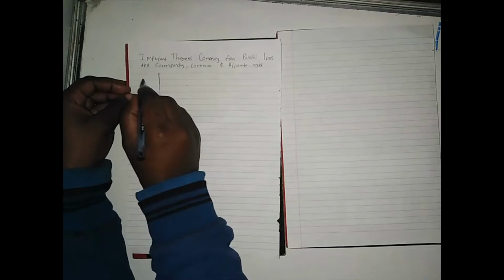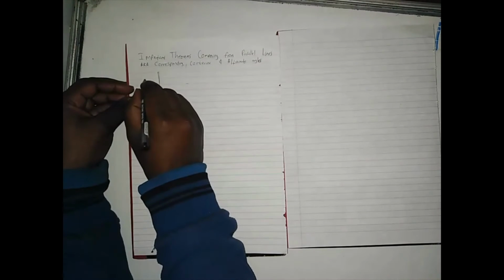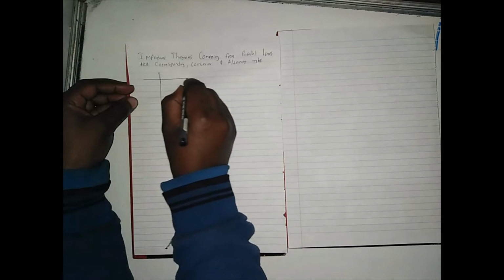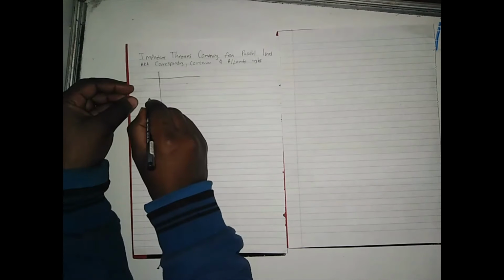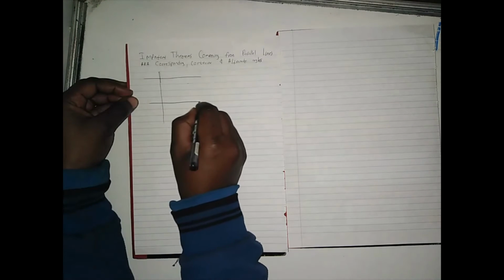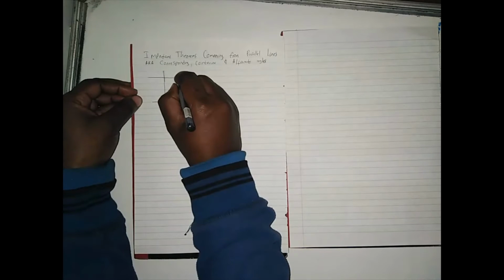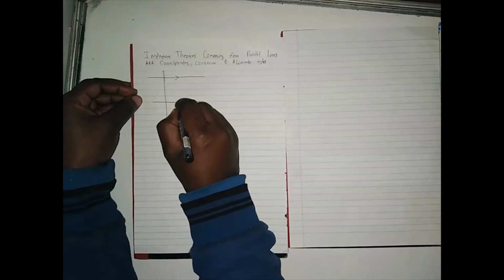Transversal simply means that you've got lines cutting other lines. So in this particular case, you will have a line cutting this line here, and then you've got a line cutting this line here. But now these two lines are not just lines, they are parallel lines. So this line is parallel to this line.